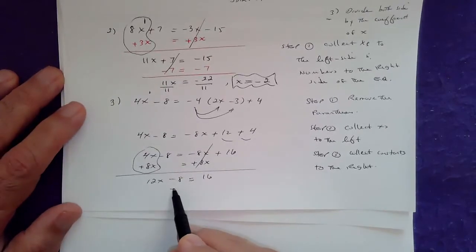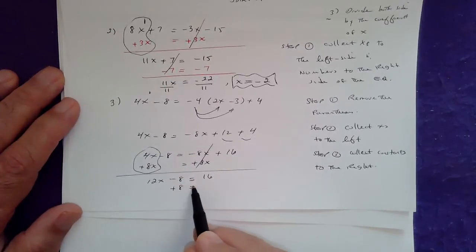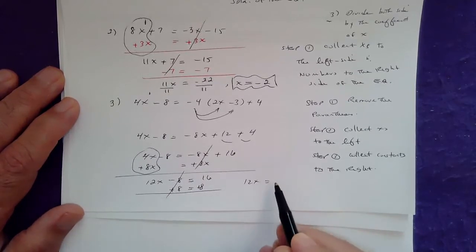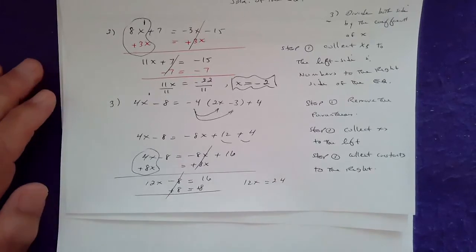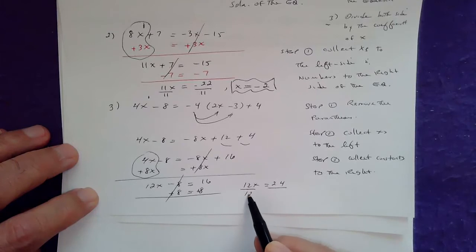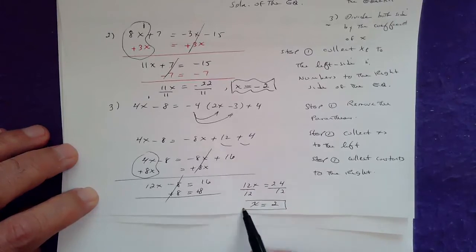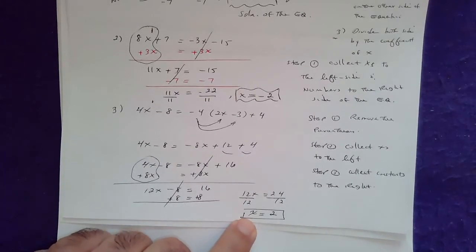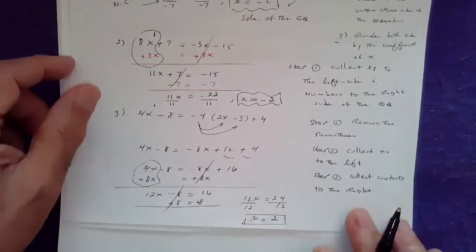Get rid of the negative 8 by adding 8 to both sides. So you get 12x equals 24. Now divide both sides by the coefficient of x, which happens to be 12. So x is equal to 2. Okay, so that's called the solution of the equation.